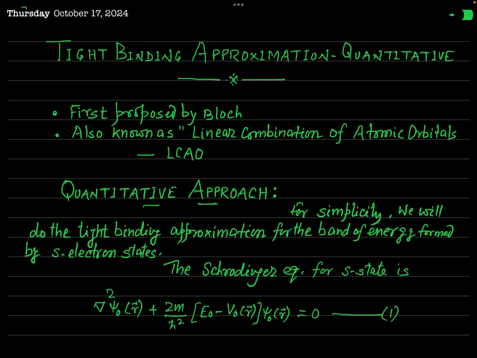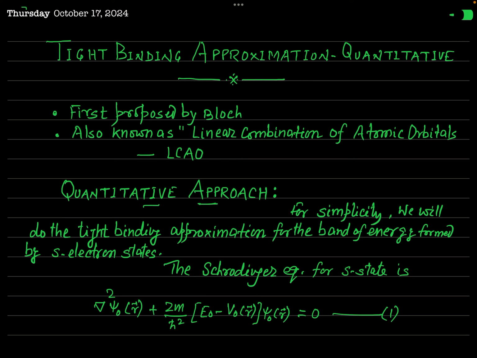In the previous lecture, we started to deal with the problem of tight binding approximation. In the first part of the lecture on this approximation, you saw the concept of how energy bands are formed in a solid.